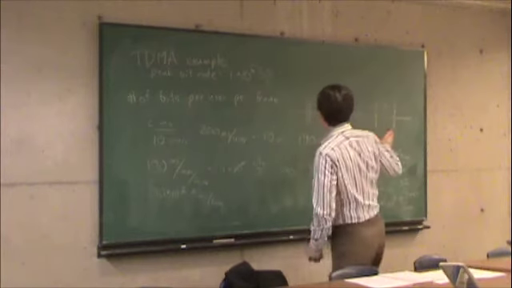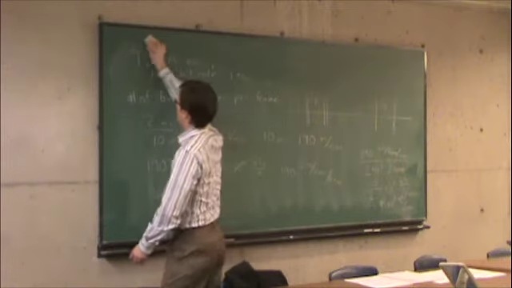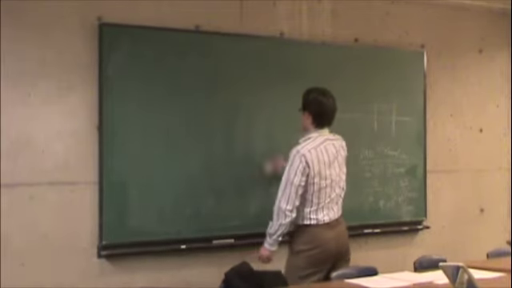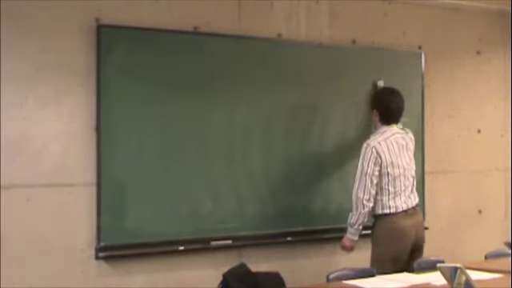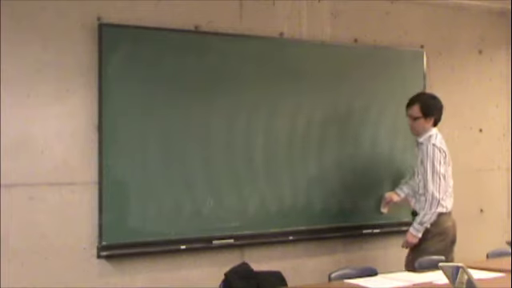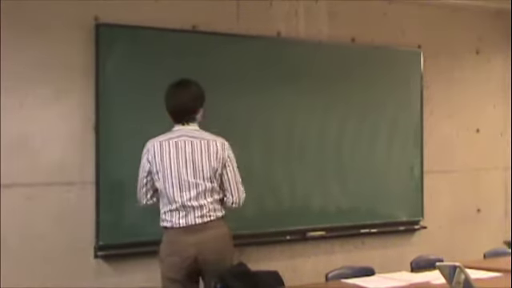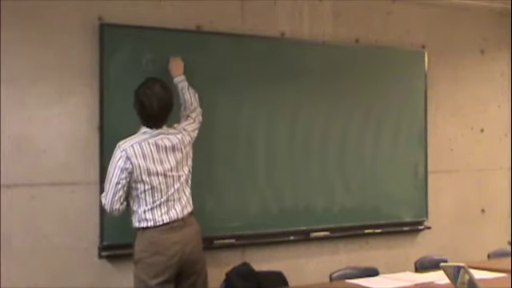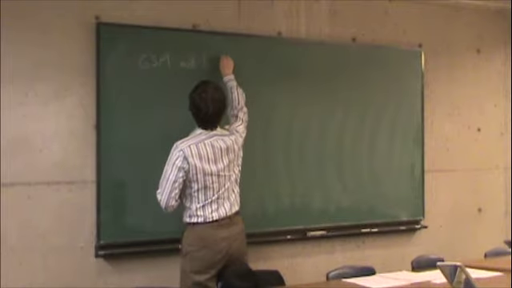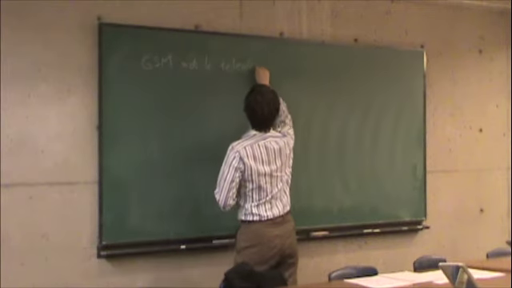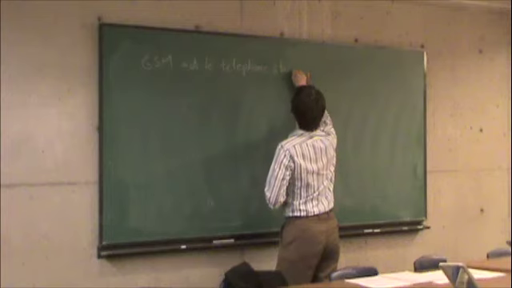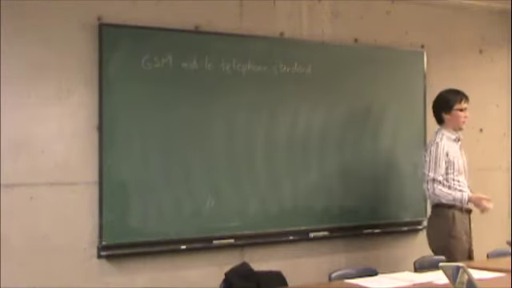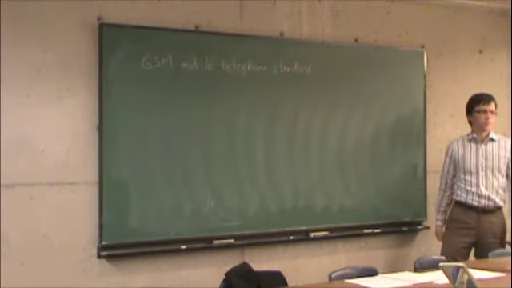Okay, just as a more practical example, I had a question about where these things are used, so I'd like to give you a practical example. The GSM mobile telephone standard. If you have a cell phone with Rogers or Fido, that cell phone runs on GSM.